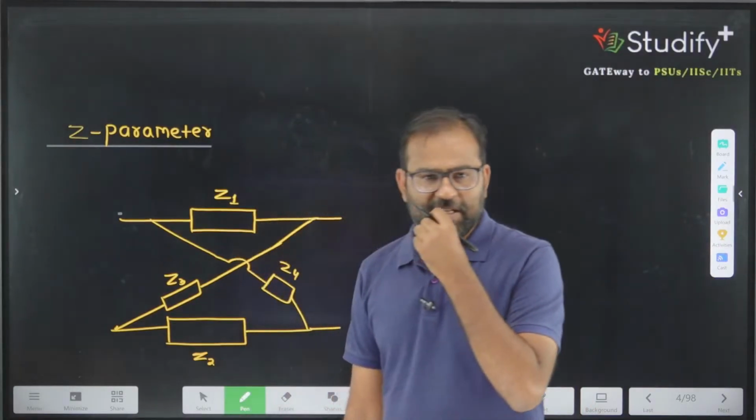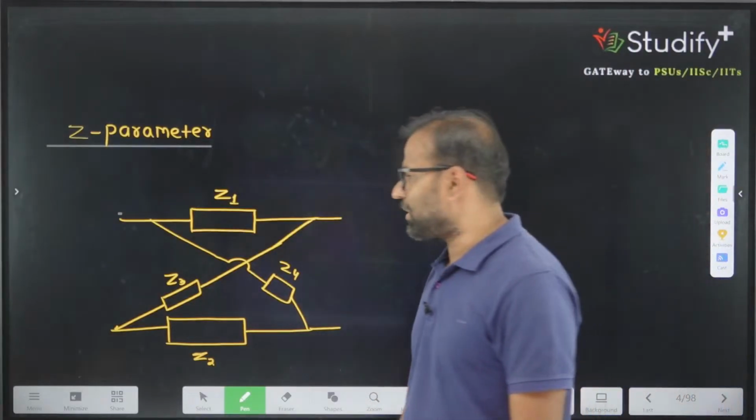A network is there, and for this network we are interested in calculating the Z parameters.